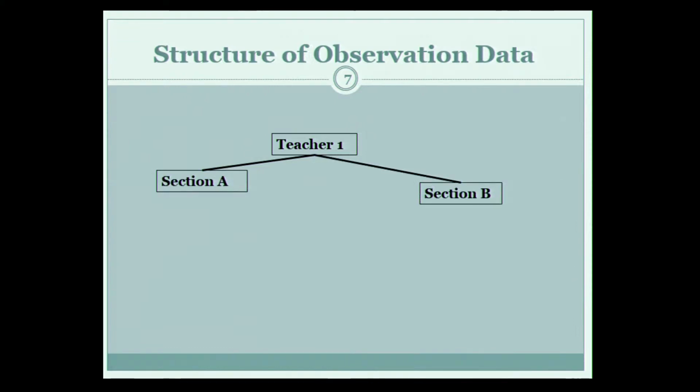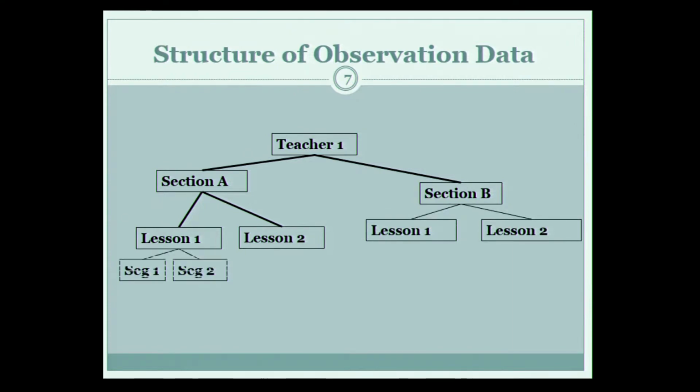The structure of the observational data is somewhat complex. We start off with the teacher. Each teacher is measured across multiple sections. Not all teachers are, but many of the teachers in the data set are. Within each one of those sections, there are multiple lessons, right? Usually about two lessons per year. And then each one of those lessons, depending on the observation protocol, are also measuring segments. In other words, there are multiple segments per lesson.